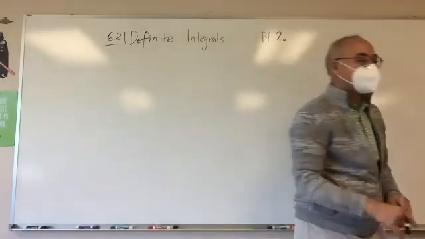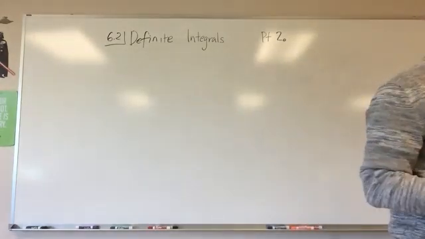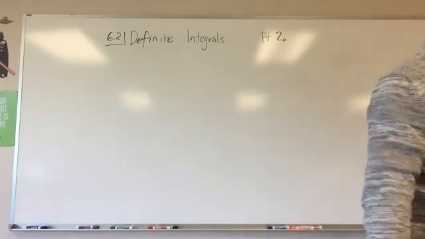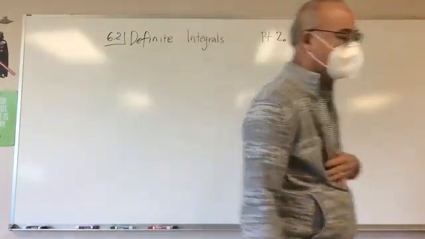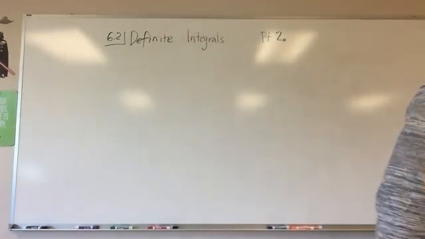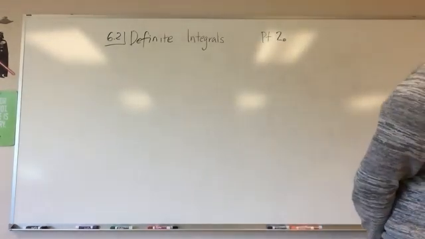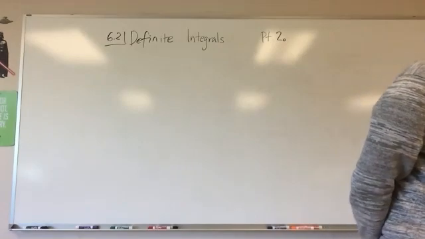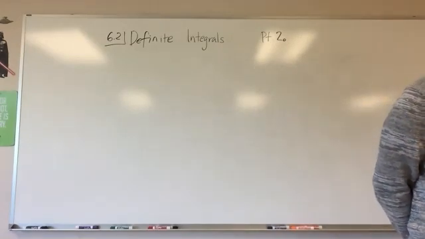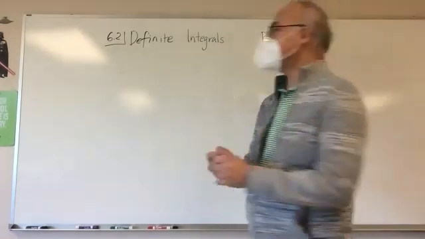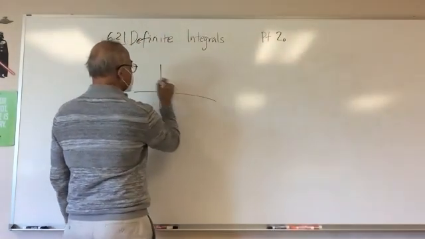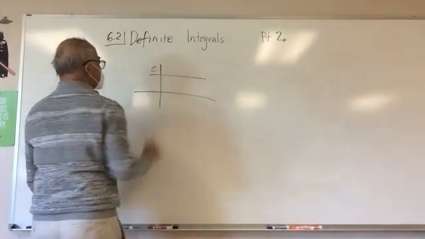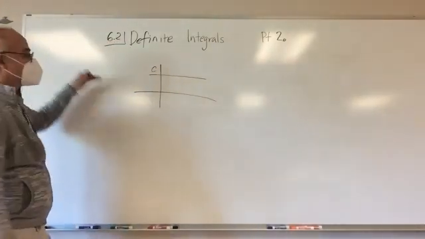Okay, so we are back on page 287, which says constant functions. Definition: if f of x is equal to c, where c is a constant on the interval between a and b, then we get this. So if I have the function y is equal to c, nothing but a straight line, right?